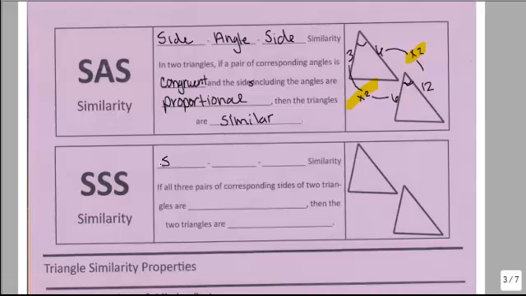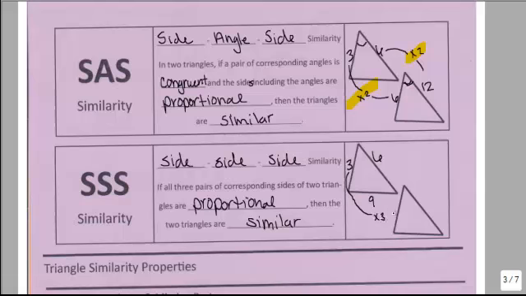Then we have side-side-side similarity. If all 3 pairs of corresponding sides of 2 triangles are proportional, then the 2 triangles are similar. So again, if this is 3, this is 6, and since we're doing 3s, let's just do this one 9. You could take this one and we could multiply it times 3. 3 times 3 is 9.